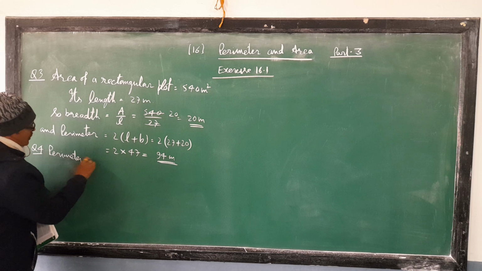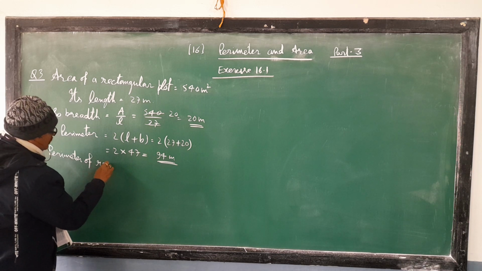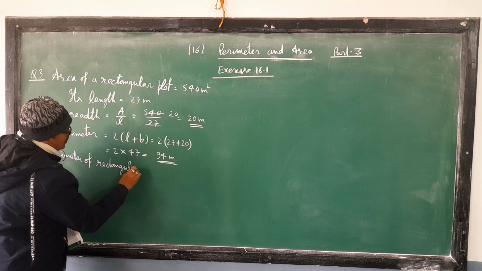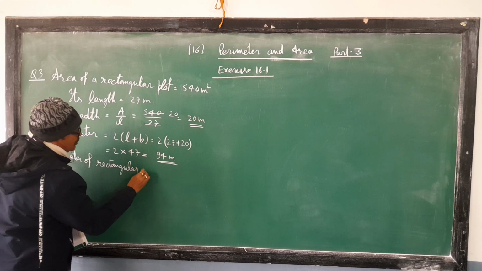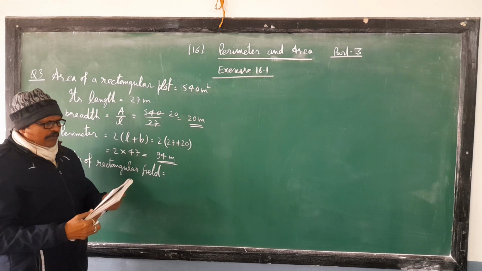Perimeter of rectangular field is given 151 meter.